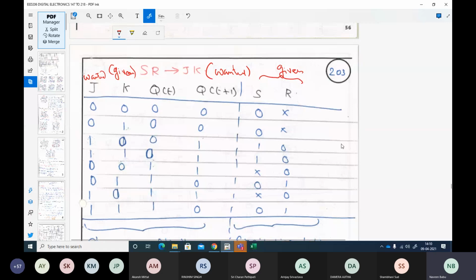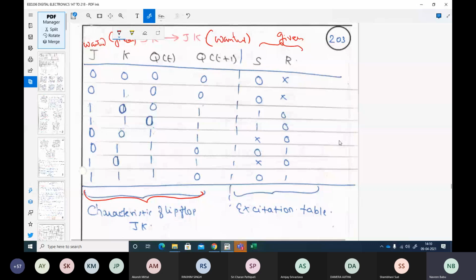So first look at the first four columns only, right? This is the characteristic table of a JK flip-flop. First look at four columns. Out of the four columns, these are the inputs and these are the outputs of the characteristic table of a JK flip-flop. 0, 0, 0.